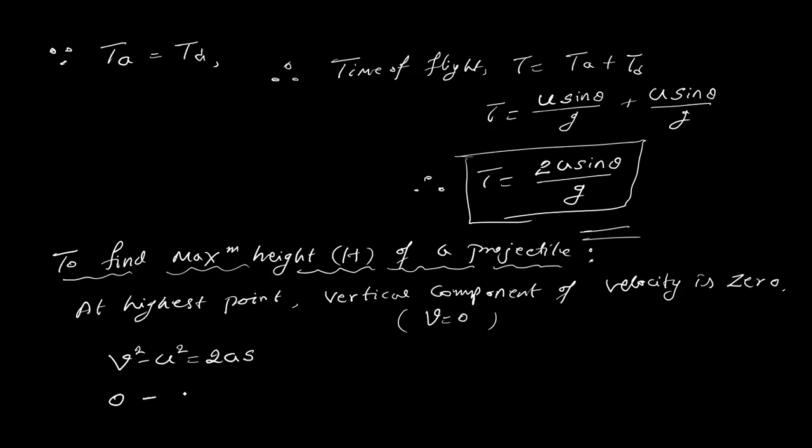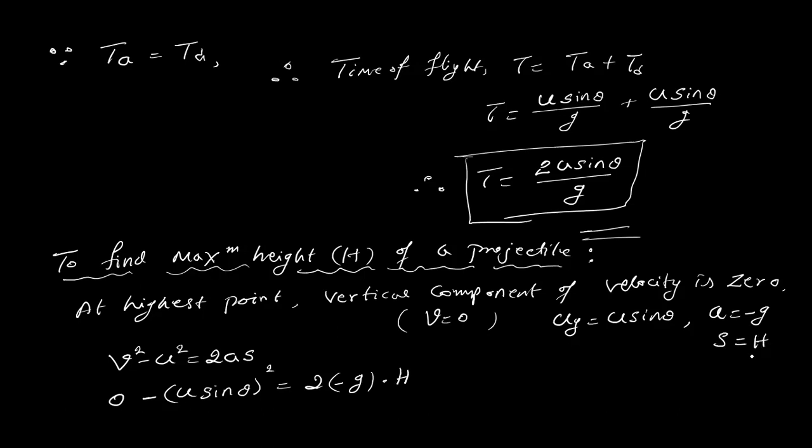Minus the vertical component of velocity, uy, it will be there as u sine theta. So your u sine theta whole square is equal to, and obviously vertically when it's traveling, a becomes minus g, 2 into minus g, and yes, I am taking h as maximum height. That is the distance traveled. Okay.